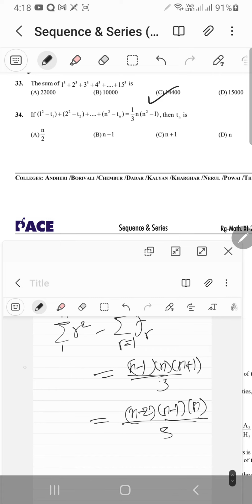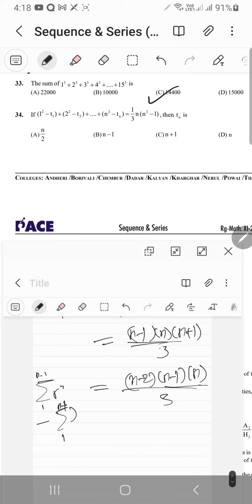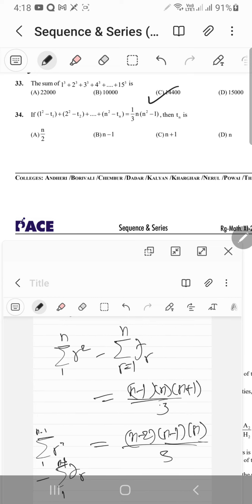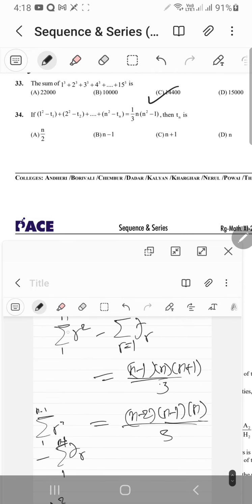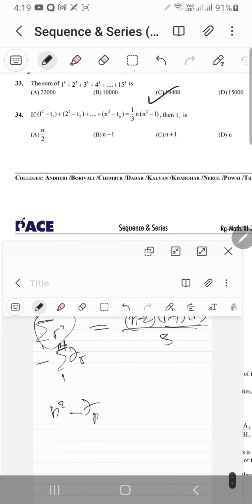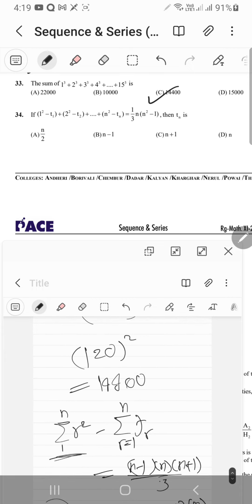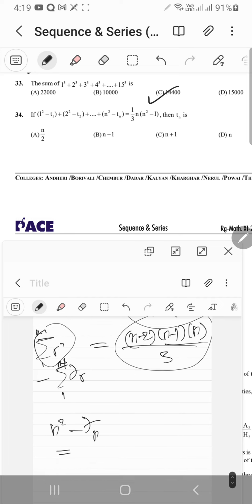And now this will be like the previous thing, but from 1 to n minus 1 of r squared. And then if you subtract these two equations, you just have n squared, because that's just the remaining thing that isn't covered here, minus Tn. So it is this thing minus that thing, which now we know how to do.